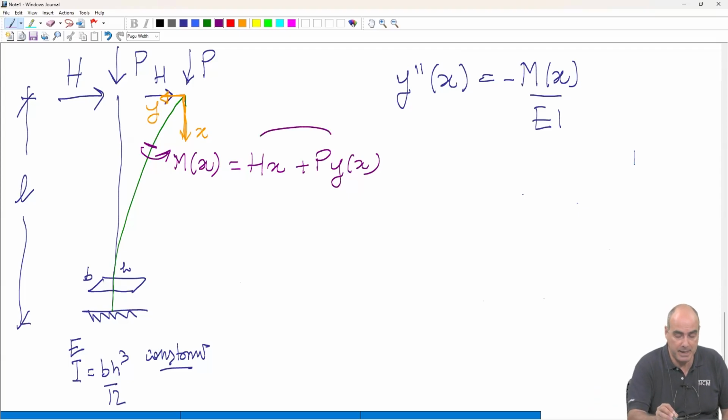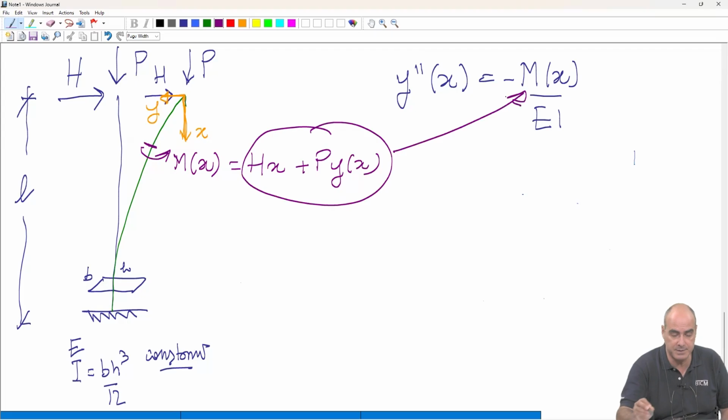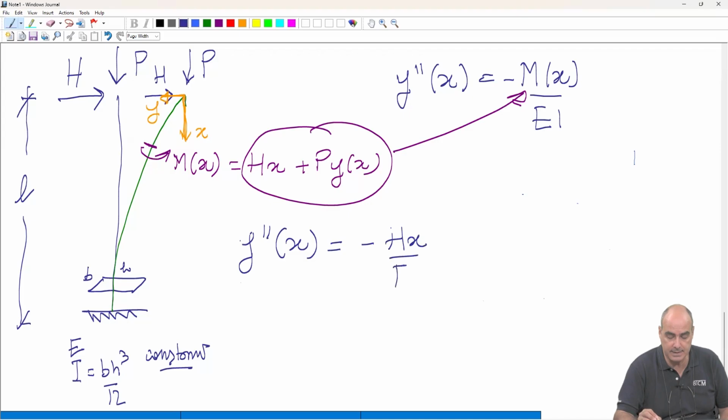So if I pick up this relationship here and I substitute into here, what do I get? I get the second derivative of y of x equal to minus h x divided by EJ minus p y of x divided by EJ.